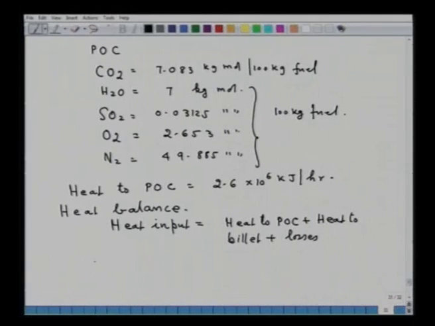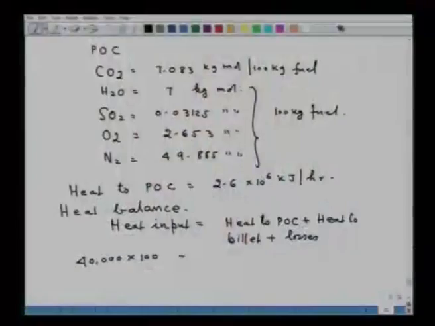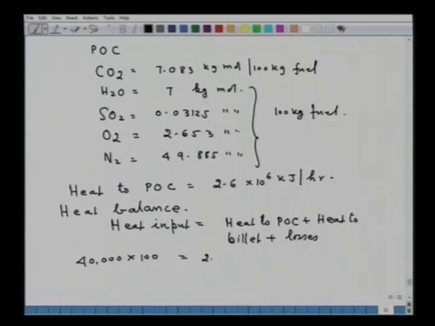So, heat input is 40,000 per kg multiplied by 100 kg, where 40,000 is the net calorific value and we are burning at a rate of 100 kg per hour. Heat to POC we have calculated as 2.6 into 10 to the power 6, plus heat to billet we have calculated 5.63 into 10 to the power 5, and plus losses.